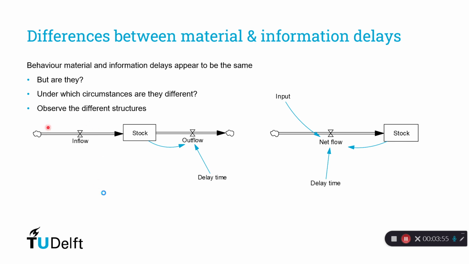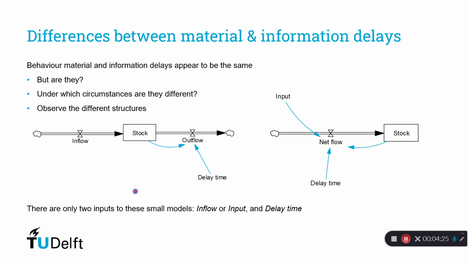So we have the inflow and the outflow, where the outflow is defined as the stock divided by the delay time, and we have the input with the stock here. Well, what you might see is that in this case there's conservation of mass, and in this case there's no conservation of mass. Here you delay from the input to the stock, and here from the inflow to the outflow. So those are the different things.